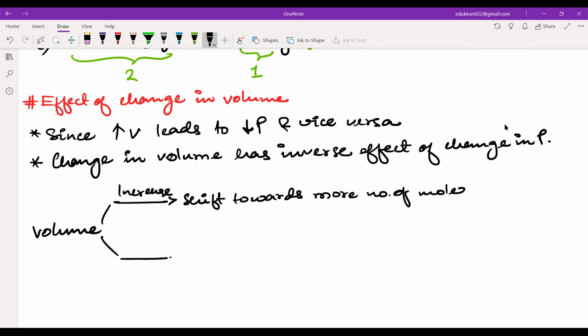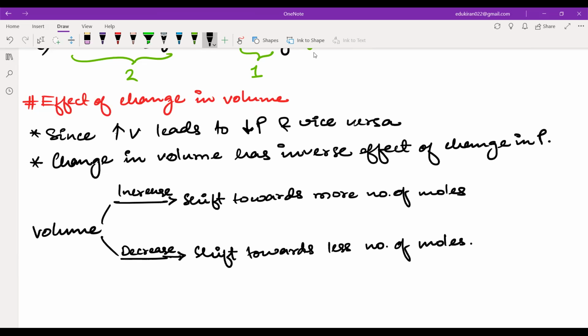Now, if I decrease the volume, the pressure will increase. And if the pressure is increasing, then it shifts towards less number of moles. Write this much, let me know if you're done.